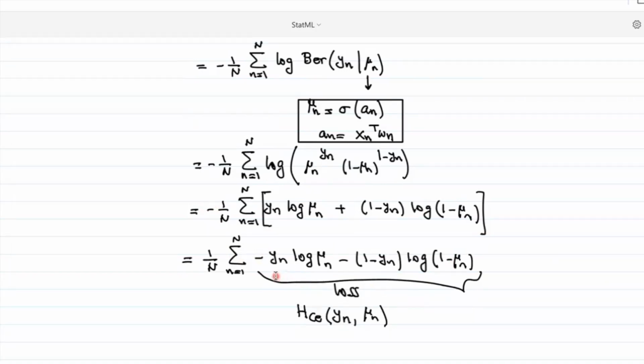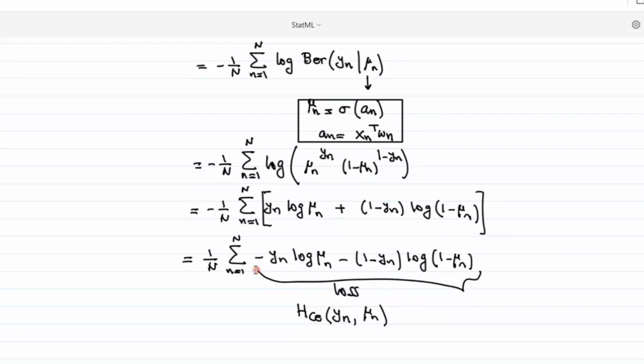you can see that we end up with this somewhat complicated term, but this has actually a very nice interpretation, that we have the average of the loss on the training data points. That's why we added 1 over n. So this is just taking the average, and the loss for each individual data point is what we have here, which is negative yn log of mu n minus 1 minus yn log of 1 minus mu n.